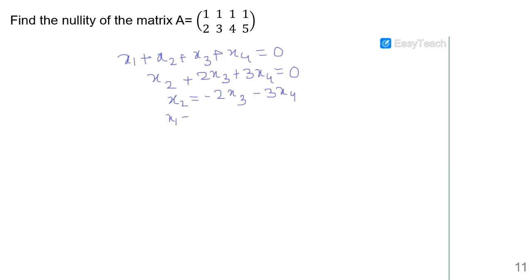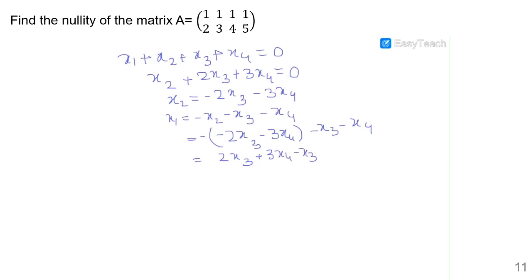So, x1 is equal to minus x2 minus x3 minus x4, whereas minus x2 I can write as 2x3 plus 3x4, minus x3 minus x4, that is x3 plus 2x4.